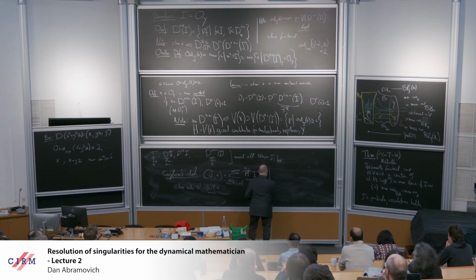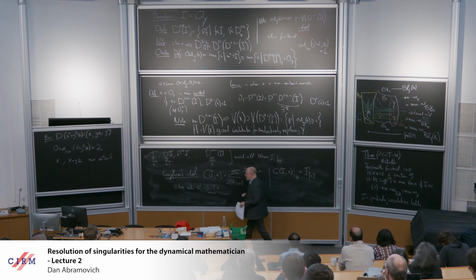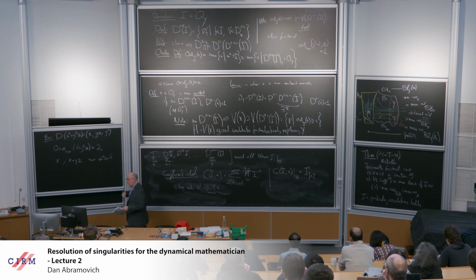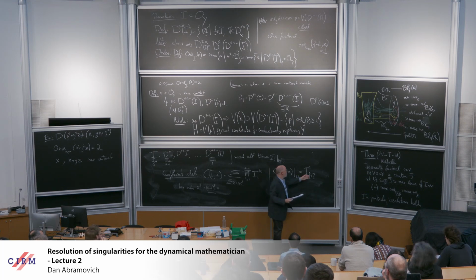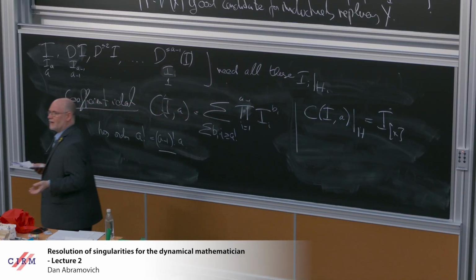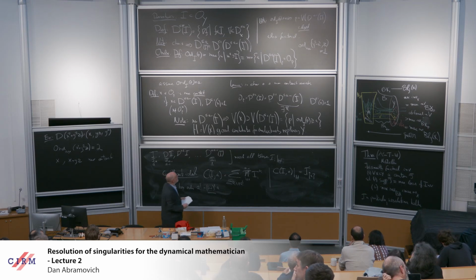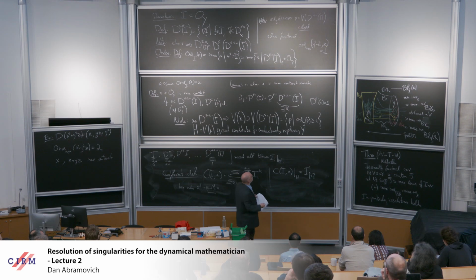I'll also introduce the restriction of this. I mostly need this. So the restriction of this to the vanishing locus of H is the ideal I will consider on the vanishing locus of X. So this is the shorthand, the ideal that retains all the relevant information, as I will explain as we come.